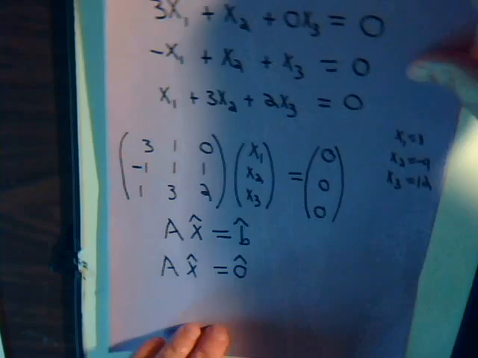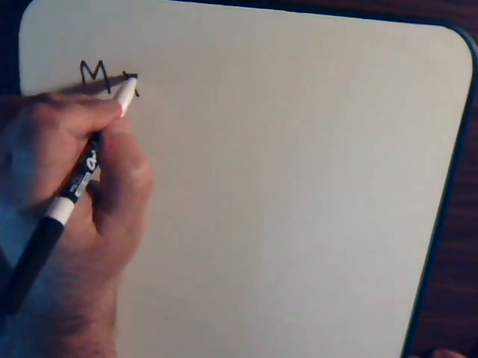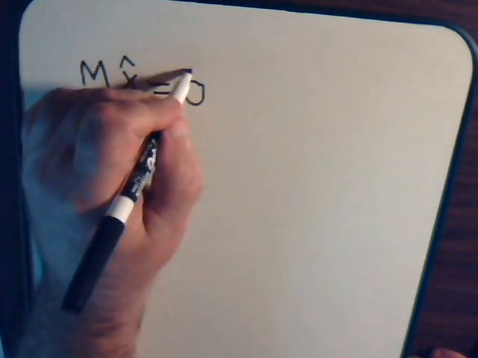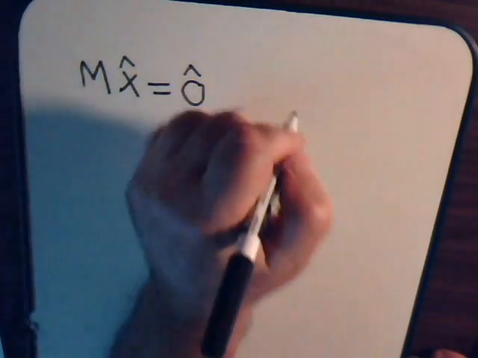So let's say that we have a matrix M. We're going to multiply it by a column vector x, and we want to get the 0 vector. And M has an inverse.